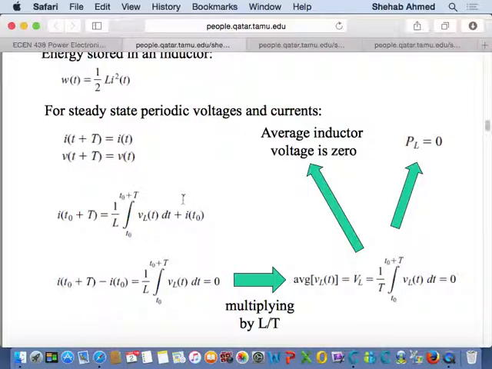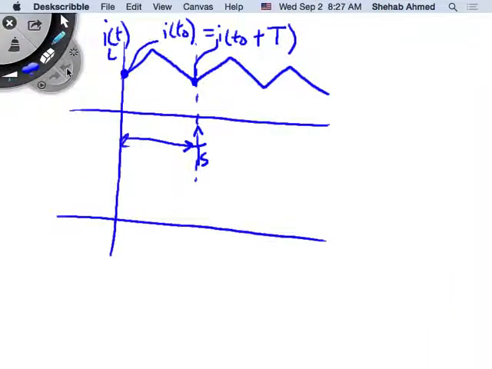So we know that the equation for an inductor is what? The equation for inductor voltage is VL equals L di/dt, correct? That's the voltage across an inductor equation. So the inductor current will equal what?